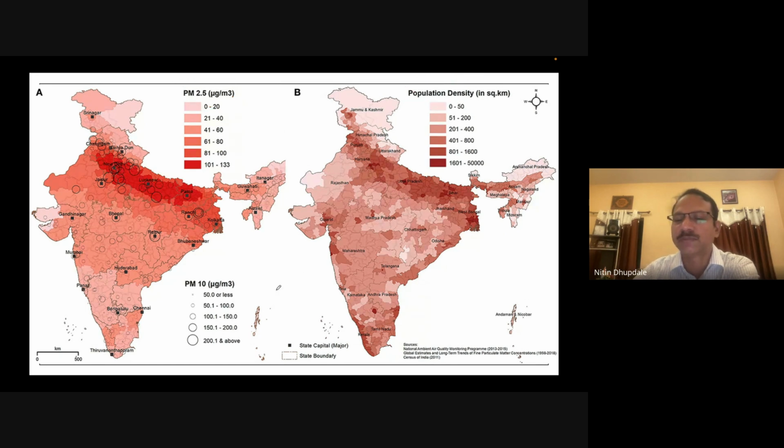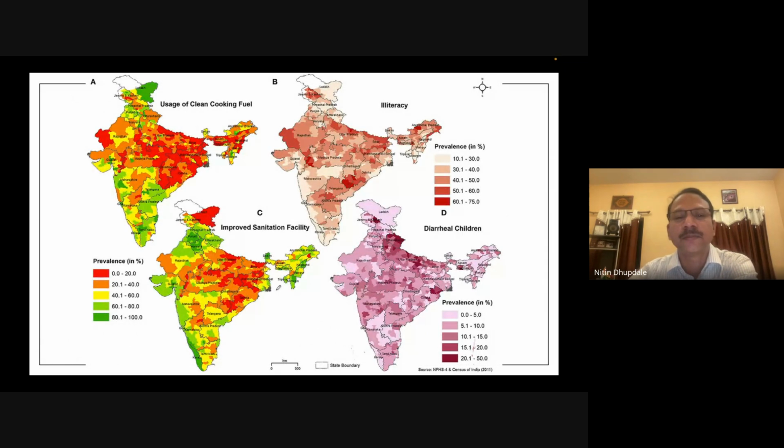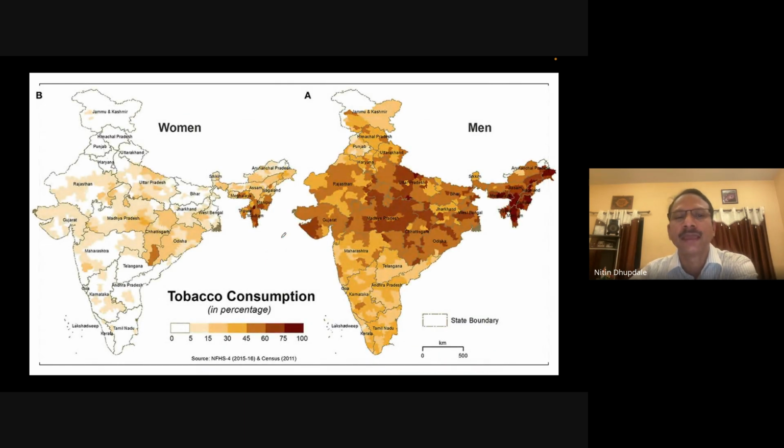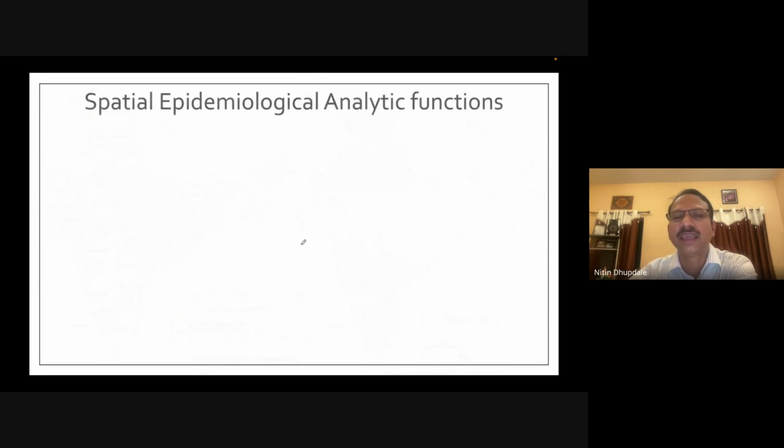So wonderful maps can be generated with the help of spatial data. Use of clean cooking fuel improves sanitation, diarrhea, illiteracy. So with ARI, they are trying to find correlation with the other factors. Then the tobacco consumption they have used, and the ARI.